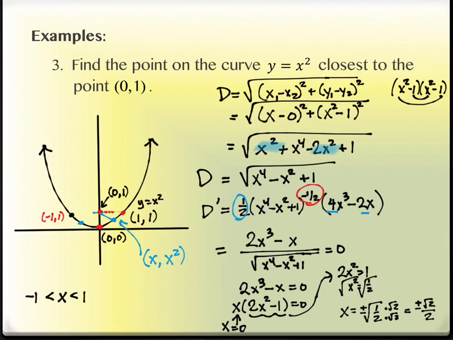Which should feel like a value you've seen before if you took trig. Have you seen square root 2 over 2 before? Where have you seen it? On a unit circle. Yes, indeed. At the angle measure of pi over 4, otherwise known as 45 degrees.